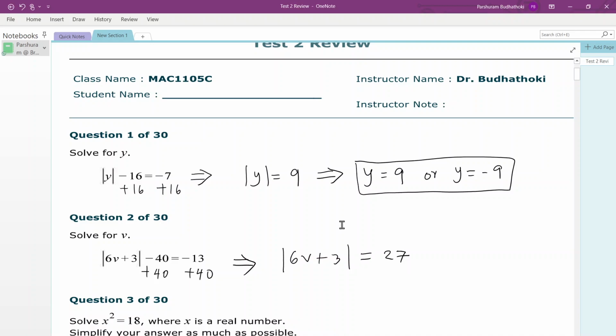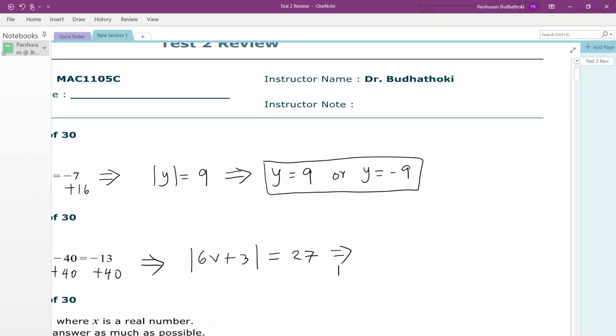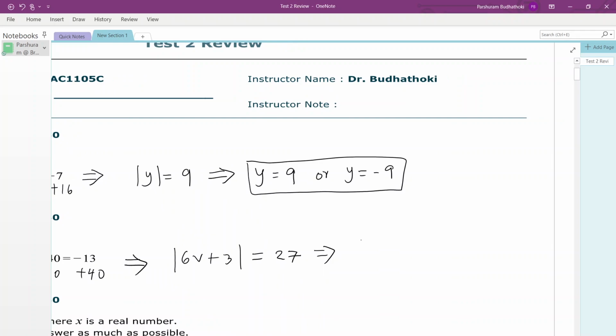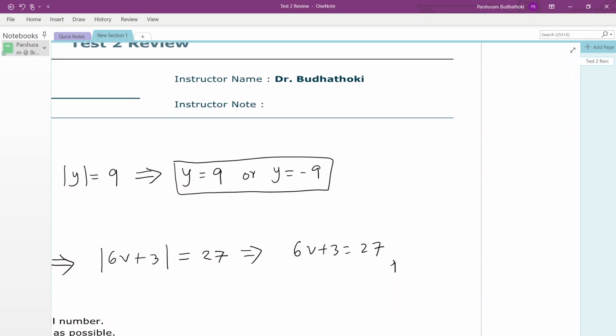By doing exactly the same as in number 1, we can divide this absolute value equation into two parts. One gives us 6v plus 3 equals positive 27, and the other is 6v plus 3 equals negative 27, because of the absolute value. Now we need to solve both of these equations for v.